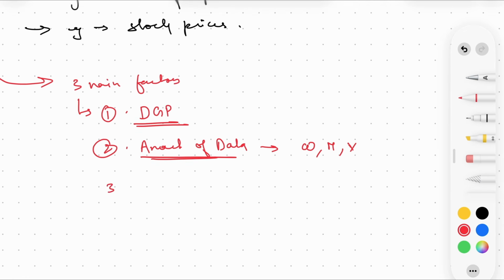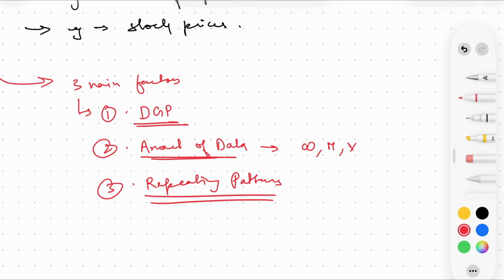And third is that your data should have an adequate amount of repeating patterns. For any statistical model to work, there should be a repeating pattern in your time series. The more repeating patterns you have, the better it is to forecast.